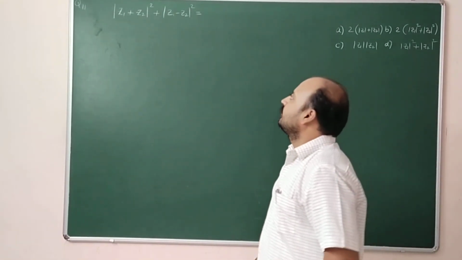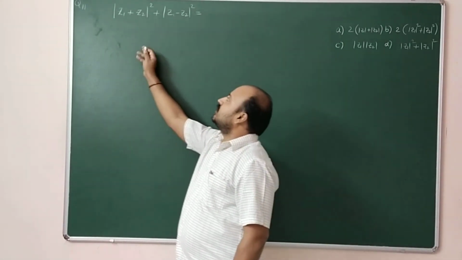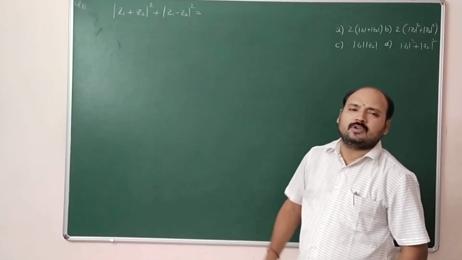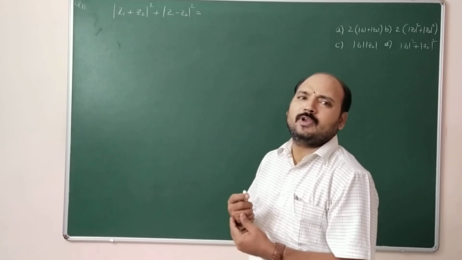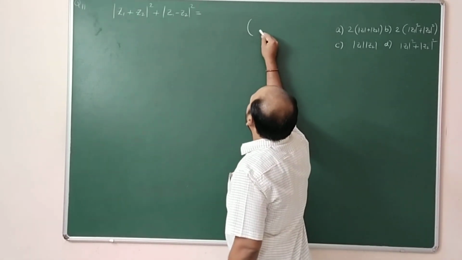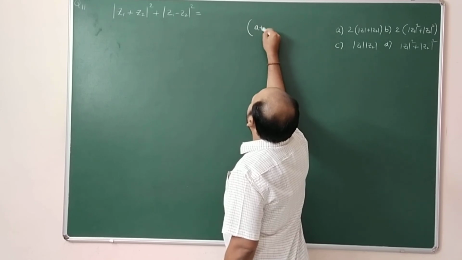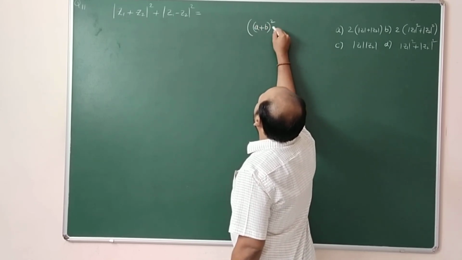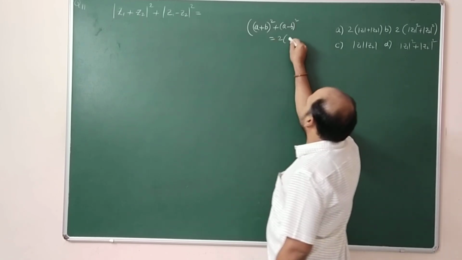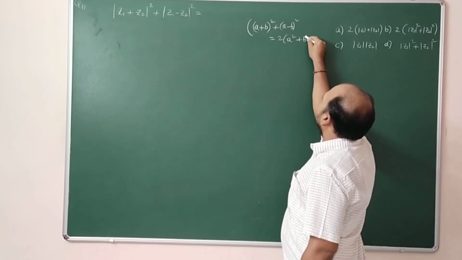The next question: mod z1 plus z2 whole square plus mod z1 minus z2 whole square is a direct question. If you know the algebra formulas, you are able to do that. So we have a plus b whole square plus a minus b whole square equal to 2 times a square plus b square.